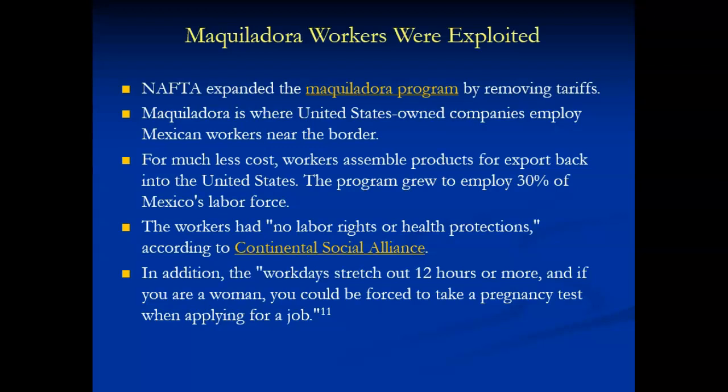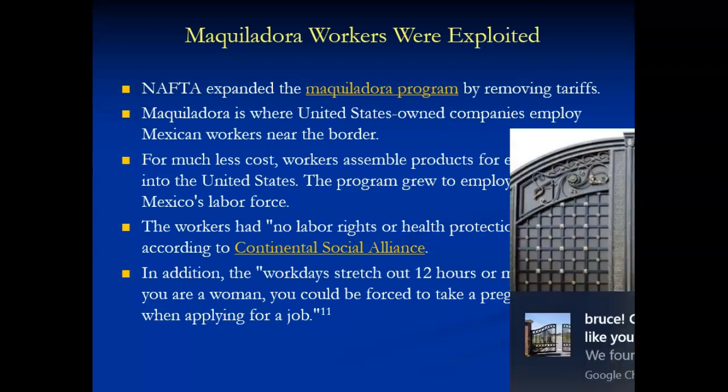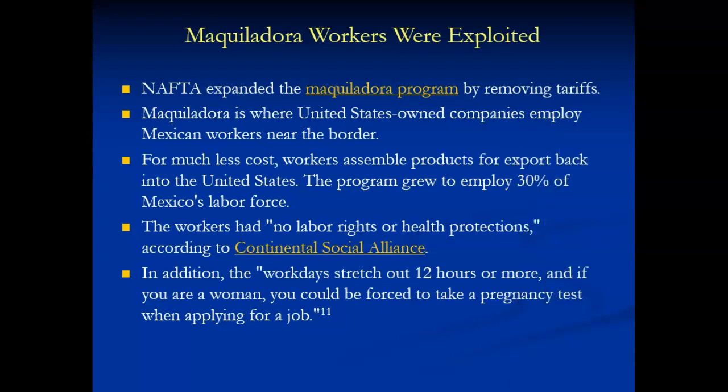And for much less cost, workers in these maquiladoras can assemble products for export back into the U.S. And that program grew to employ about 30% of Mexico's labor force. These workers have no labor rights and no health protections, according to this organization, Continental Social Alliance, and I've read that in many other sources as well.